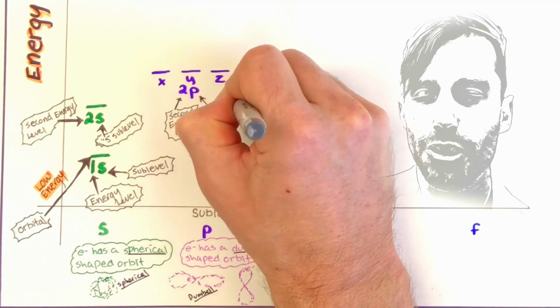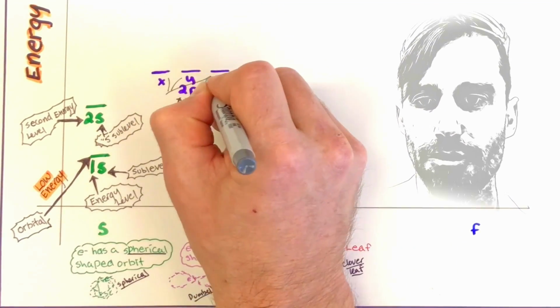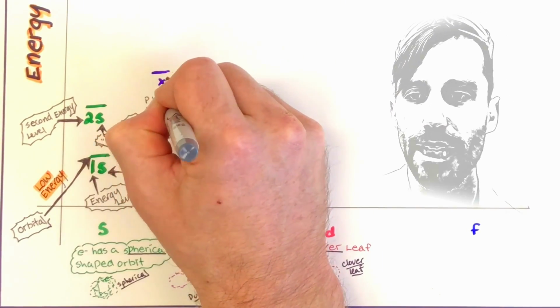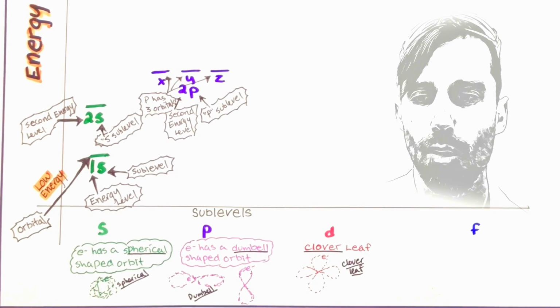So again, the 2 is telling us we're in the second energy level. P is telling us the sublevel that we're in, and then we have these 3 different orbitals that are available to house electrons.